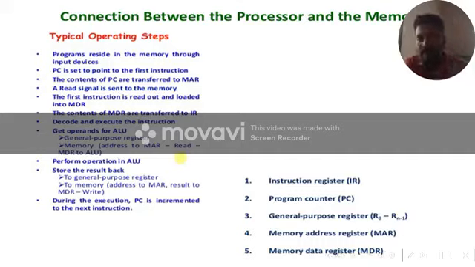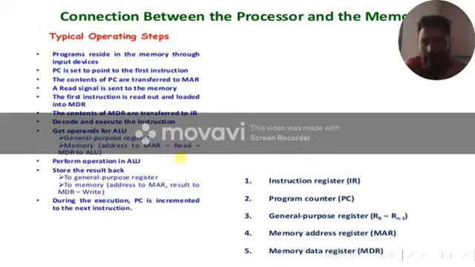For example, if I have initiated a particular mnemonic, the first instruction when executed will be stored in the instruction register, IR. The next, second instruction to be executed will be held in the program counter.